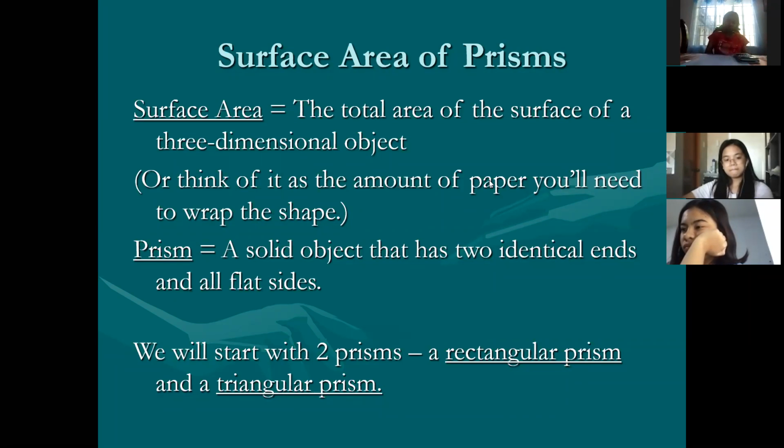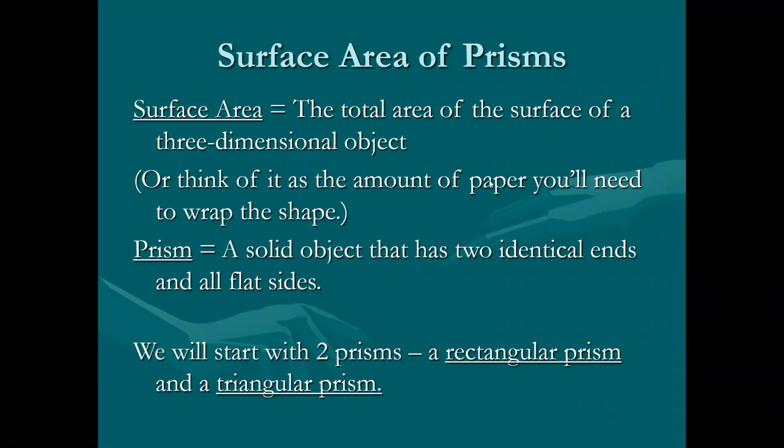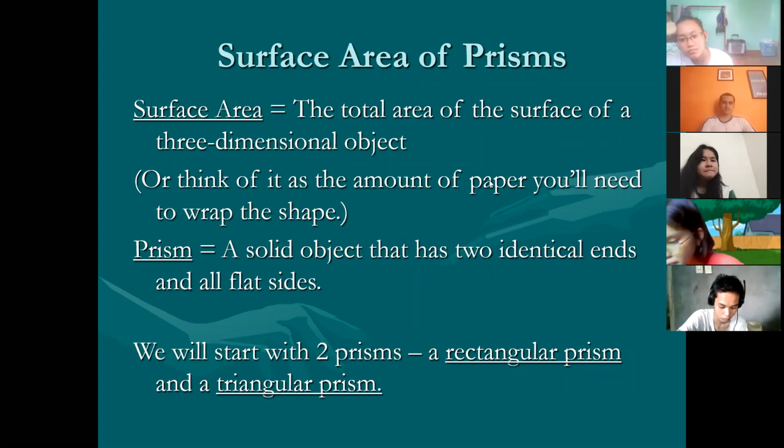Actually, class, let me say that the answer of Rain is correct in some ways where she said it is a special kind of prism. And the answer of Kent is correct in a way wherein he said that it has 3 identical sides and not only 2. But the correct answer is that it is a non-prism.